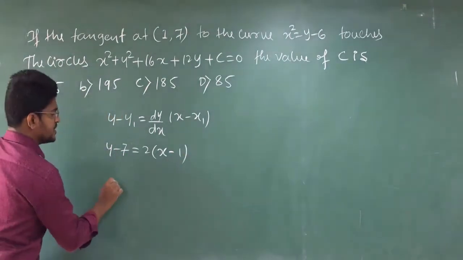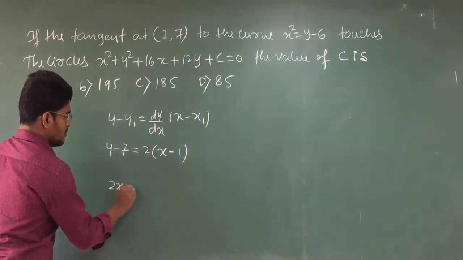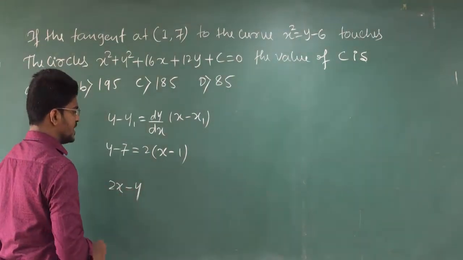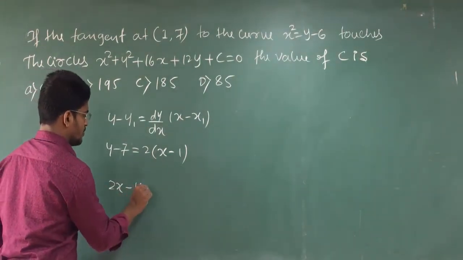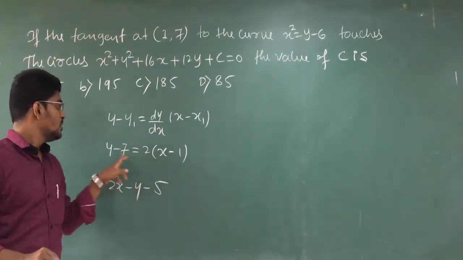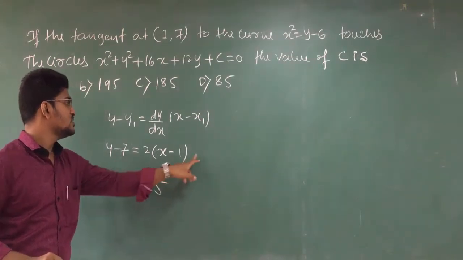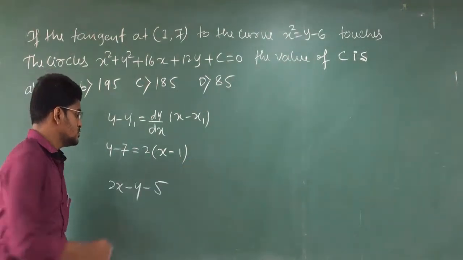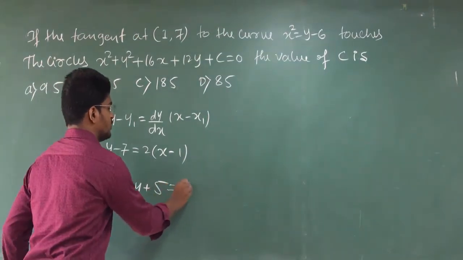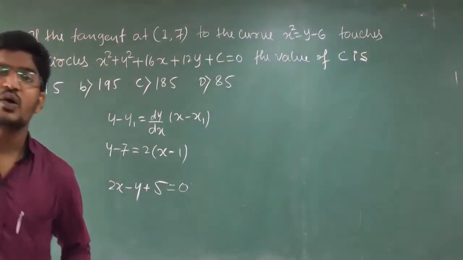If I simplify this, it will be 2x minus y, this is minus 2. If I take minus 7 on this side, it will be plus 7. So 2x minus y plus 5 will be equal to 0. This is the equation of tangent.